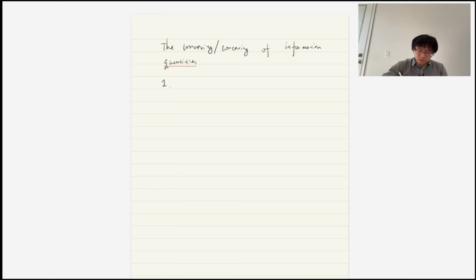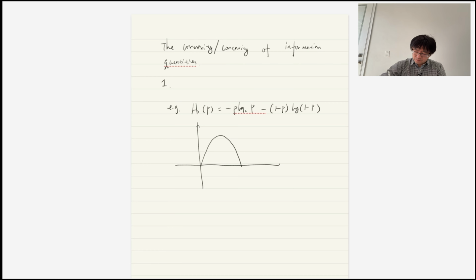We have seen one example before, which is the binary entropy function. If we consider a random variable that follows a Bernoulli distribution, then the entropy function is given by minus p log p minus 1 minus p log 1 minus p. This is the binary entropy function, and we sketched it before. Here is p.